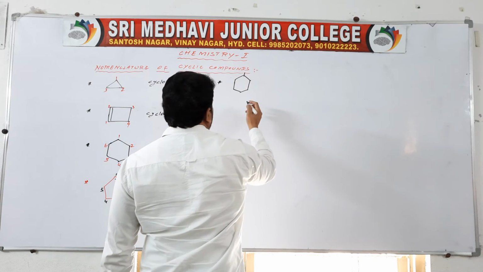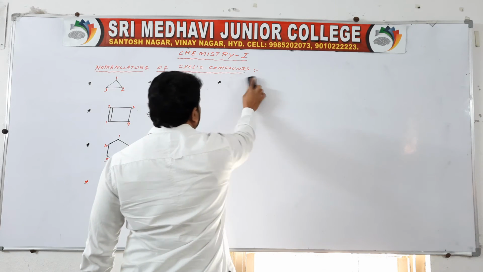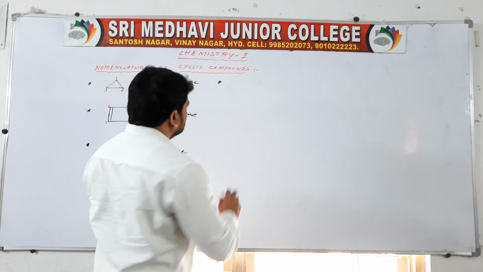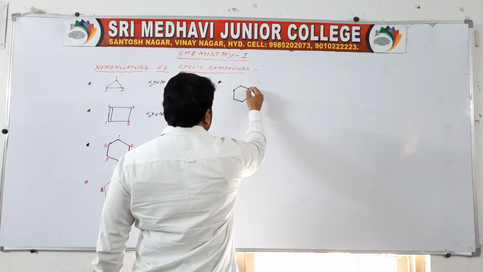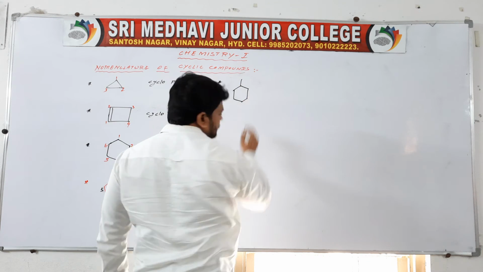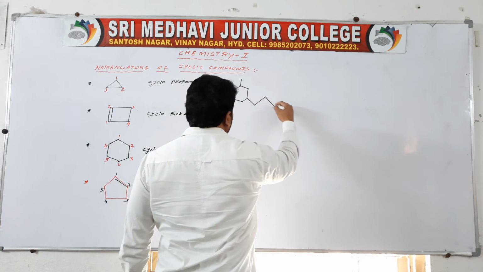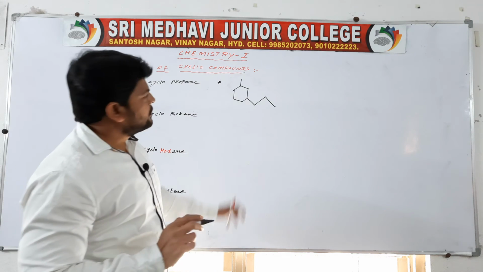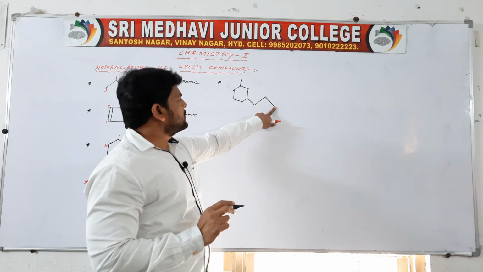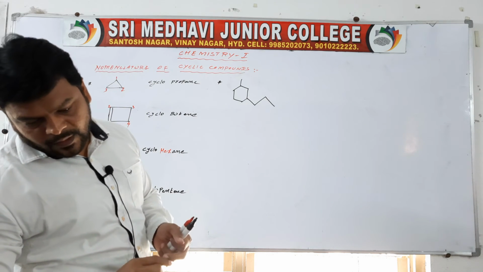So here it is one branch, and then one more branch is like this. One more branch is like this. So we have to give numbering for this compound.